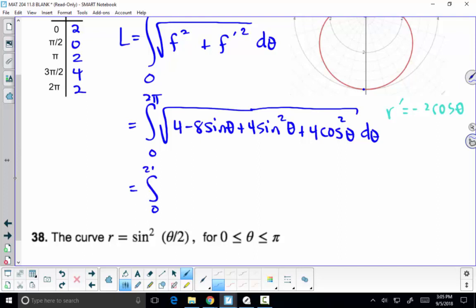Now, we'll talk a little bit about integrating through the cusp there. So that's, what's that going to be, 4? This is going to be 8 minus 8 sine theta.